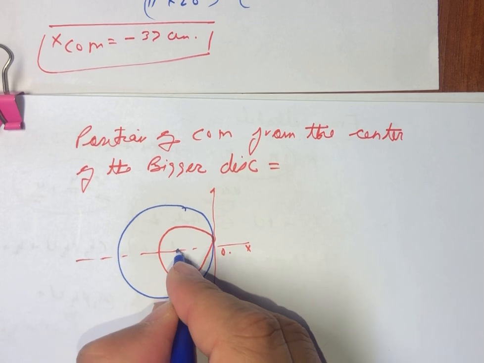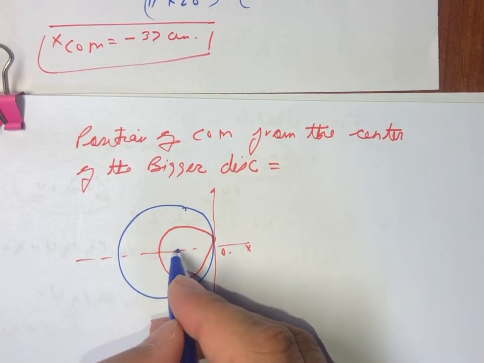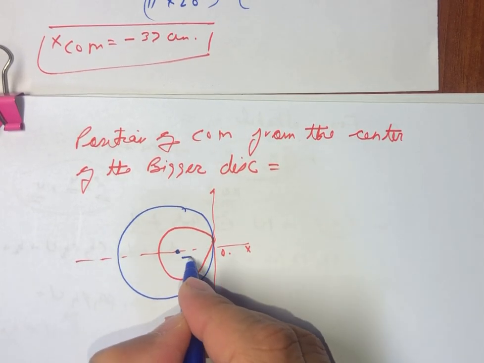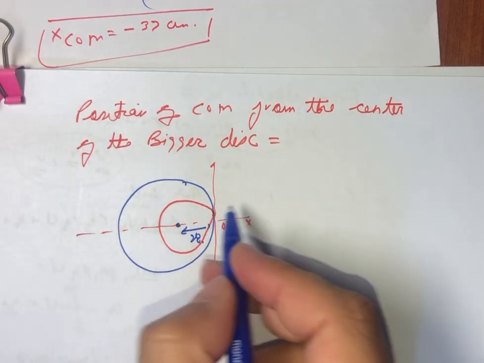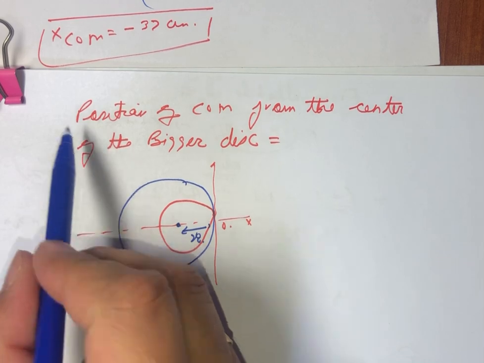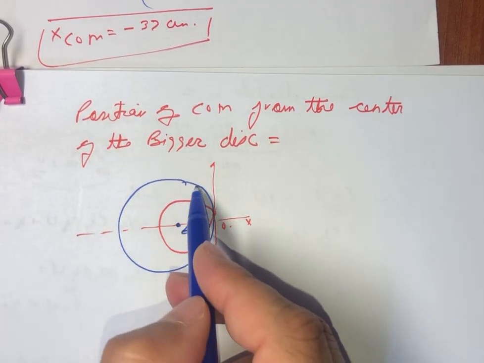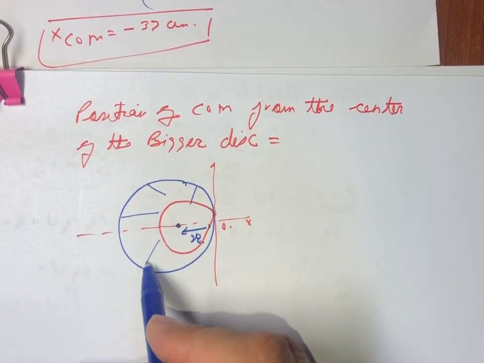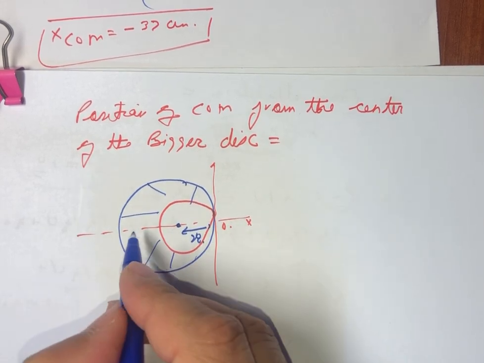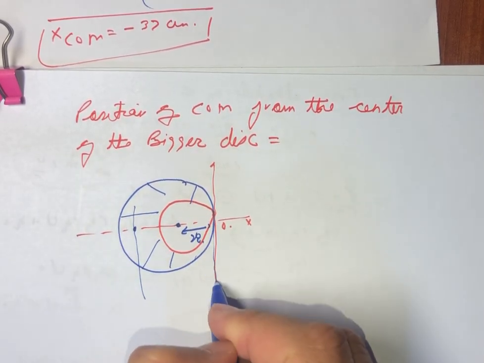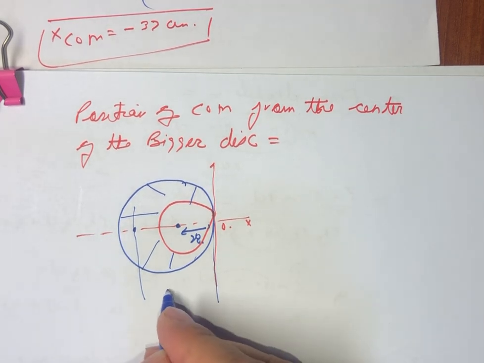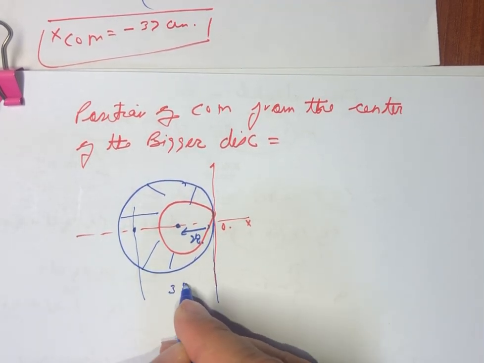So this point is the center of the bigger disk, and this point is given as 28, and we found out the distance of center of mass for the shaded region, this portion, from the origin, is somewhere here, which will be coming equal to 39.